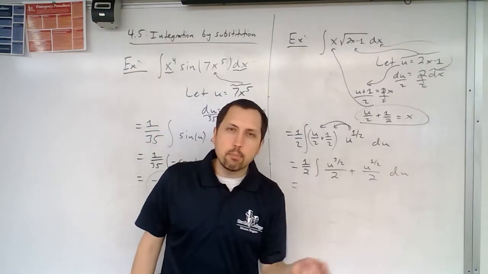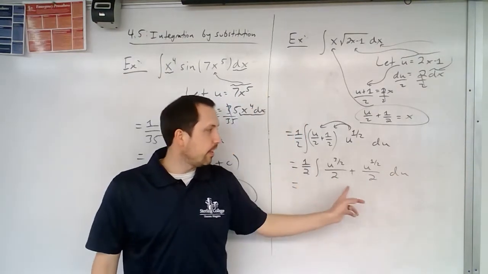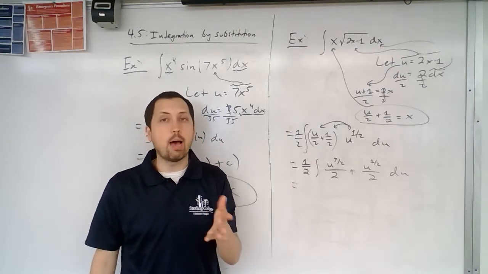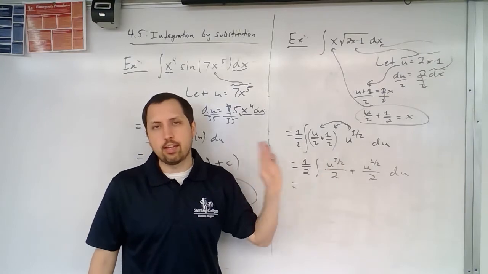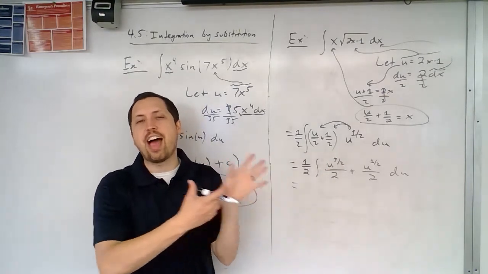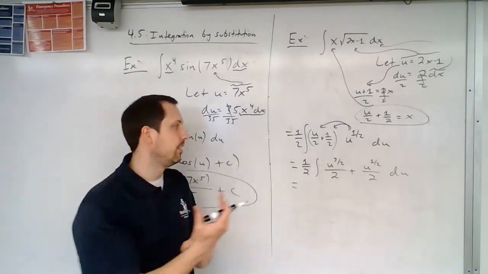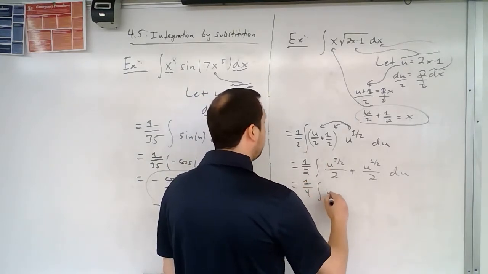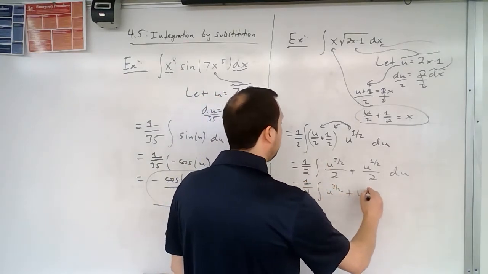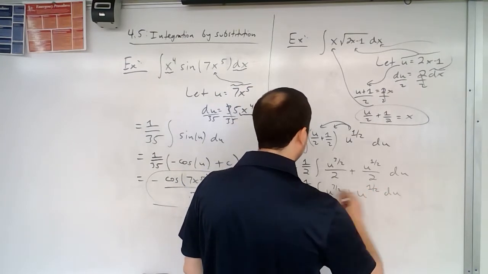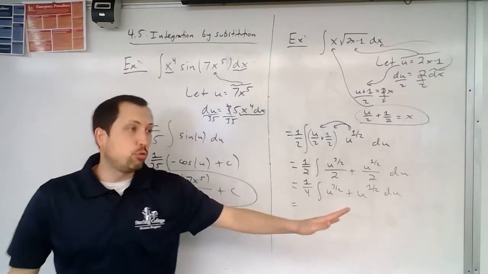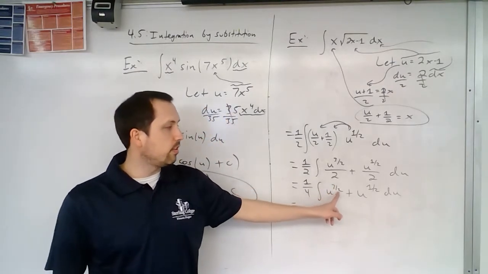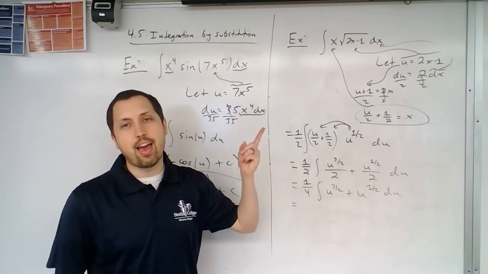Now, as you become more comfortable with this, you realize, wait, they're both divided by 2. Can I just pull out another 1/2? Absolutely. You can keep pulling out constants as long as you're basically factoring it out of everything. So I can factor this out. So I have 1/4 integral of u to the 3/2 plus u to the 1/2 du. Now I just simply take the antiderivatives of each of these. So when I add 1 to the power of 3/2, I get 5/2.